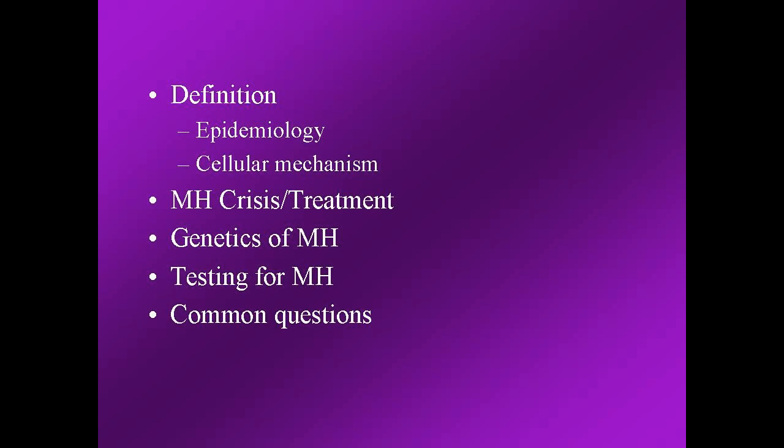We briefly discussed the genetics of malignant hyperthermia, including mutations in the genes encoding for the ryanodine receptor and the dihydropyridine receptor. We also discussed the caffeine halothane contracture test, which is the gold standard test for the diagnosis of malignant hyperthermia susceptibility. Finally, we discussed common questions that are often posed to the malignant hyperthermia hotline consultants.